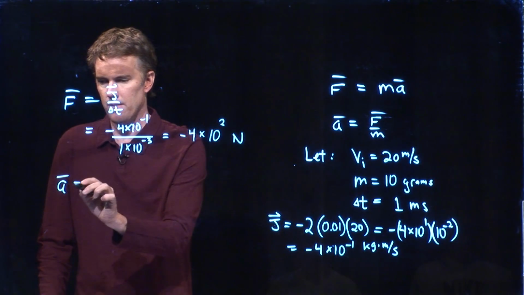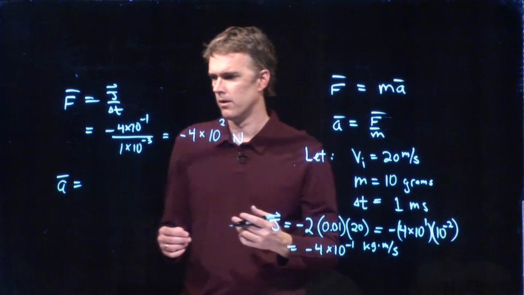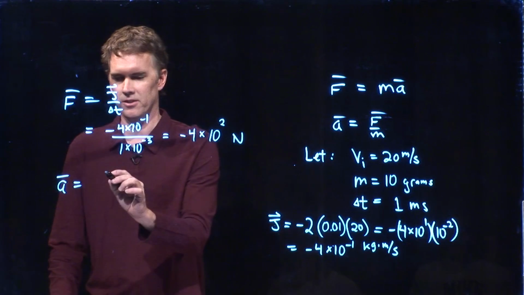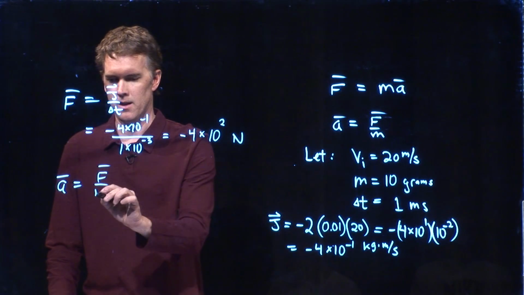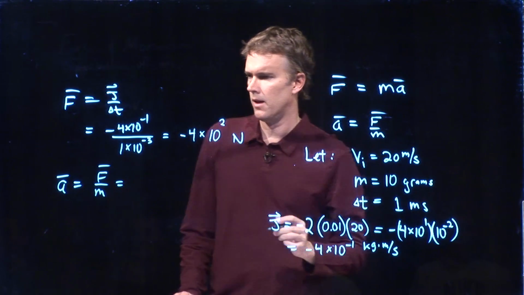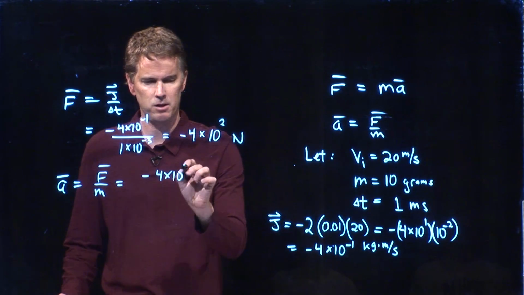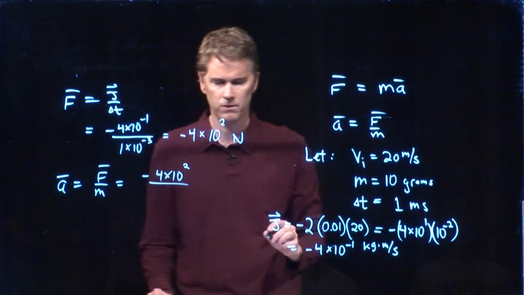Let's compare acceleration to something that we know, which is gravity, which is 9.8. Let's see how big this acceleration will be. Acceleration is F bar over m. F bar, we just said, is minus 4 times 10 to the 2 newtons.